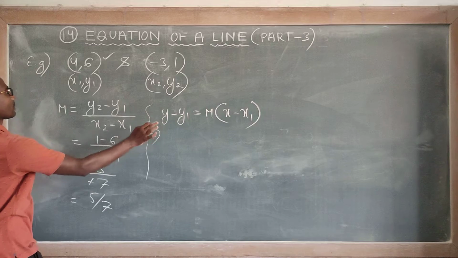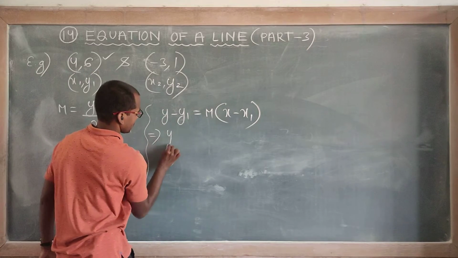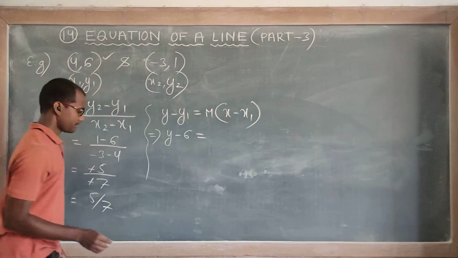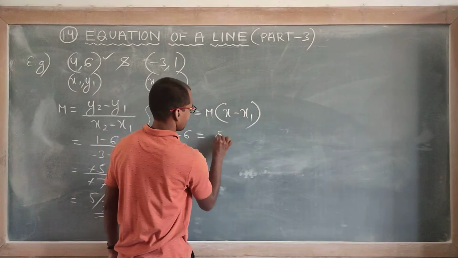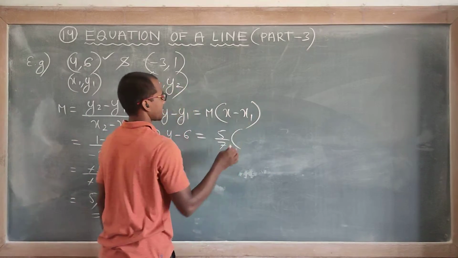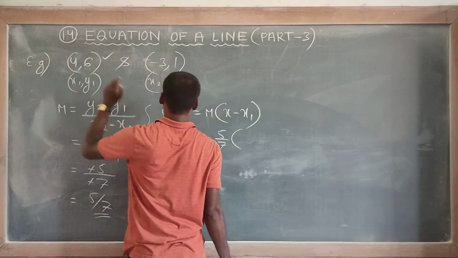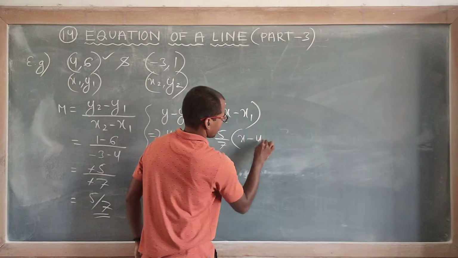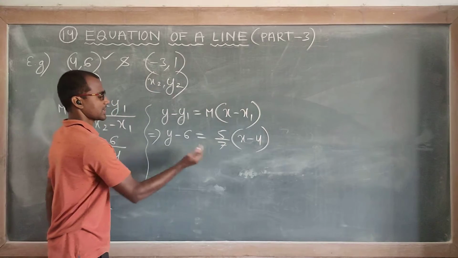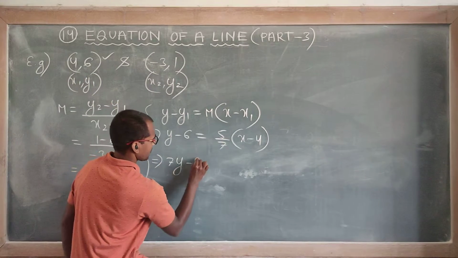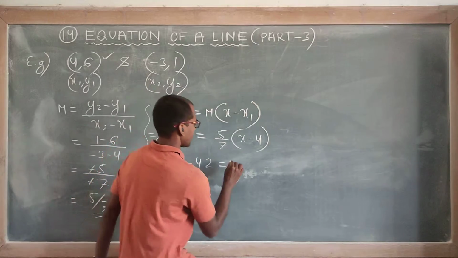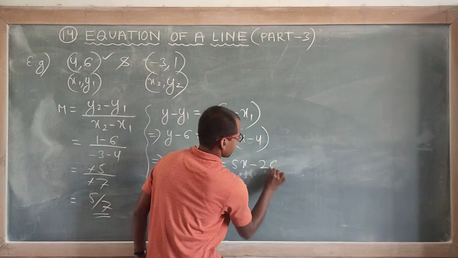What is y minus y1? y minus 6. What is m? 5 by 7. x minus x1 means x minus 4. Ready? Bring 7 to the left. So this is 7y minus 42 is equal to 5x minus 20.